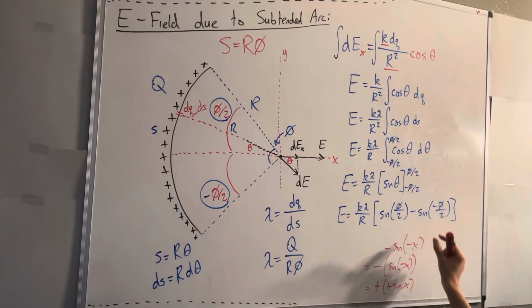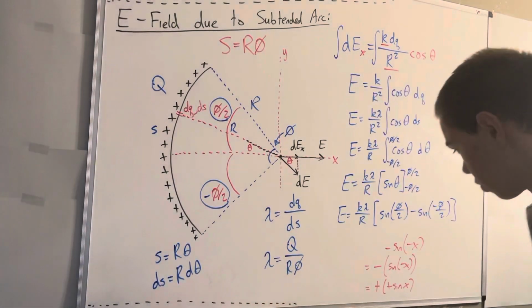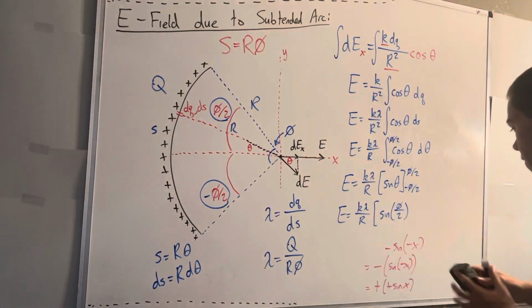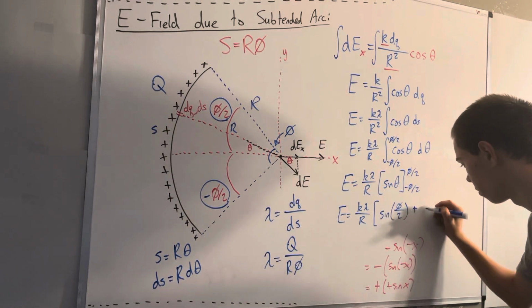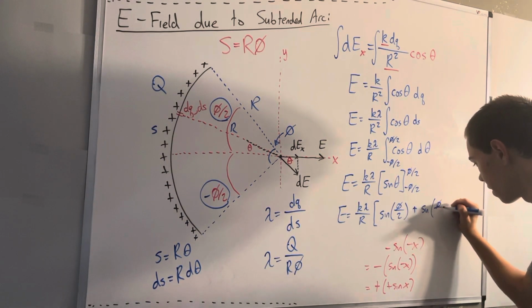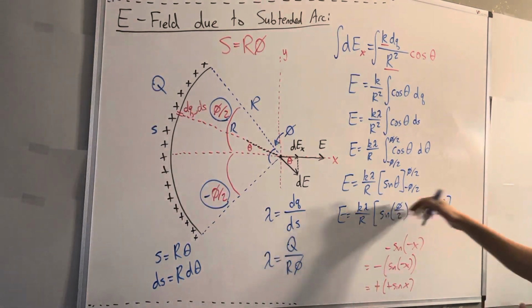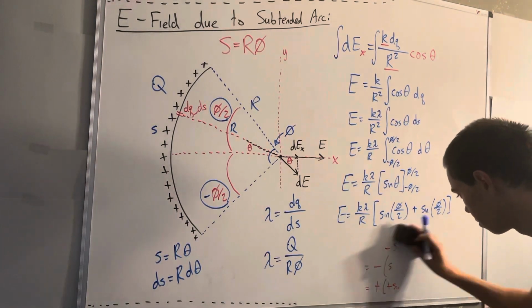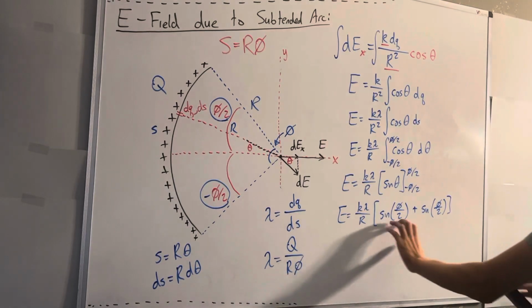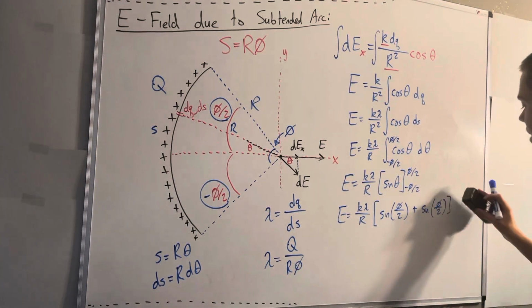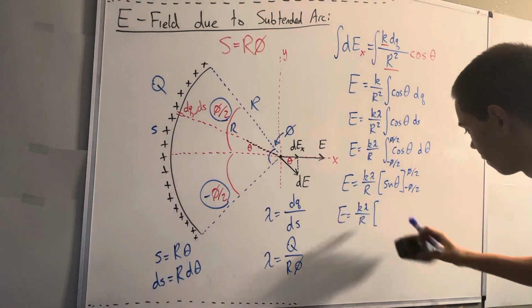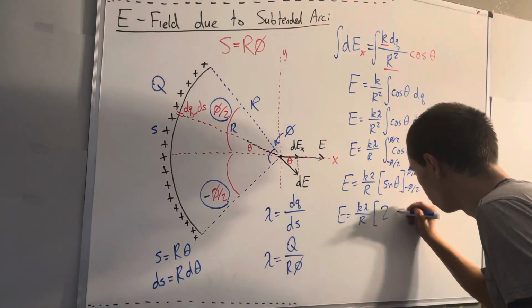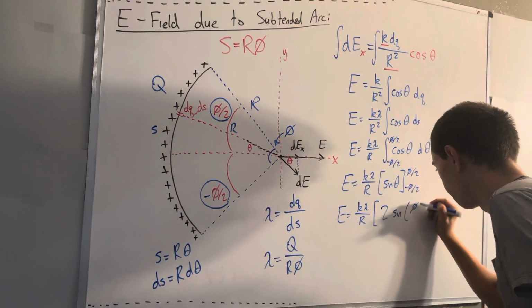So this just becomes plus the sine of phi over 2. And then when we add those together, sine of phi over 2 plus sine of phi over 2 is just 2 sine of phi over 2.